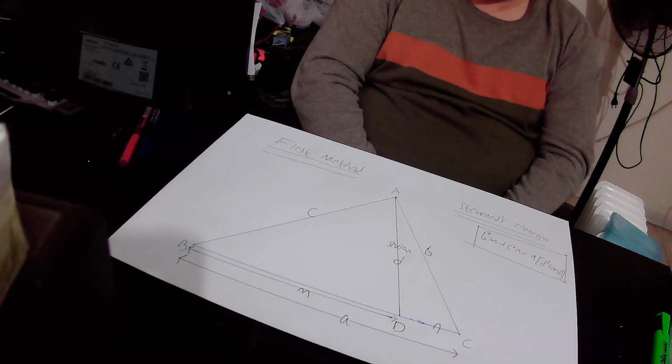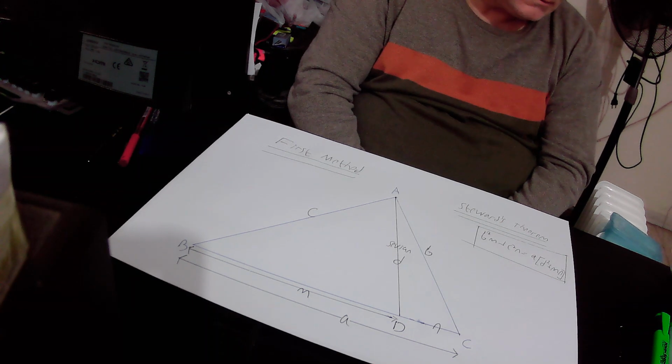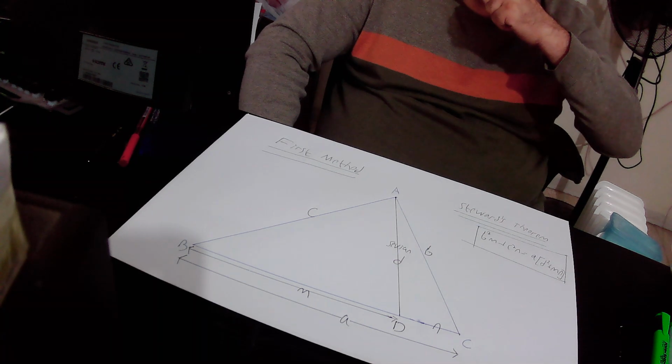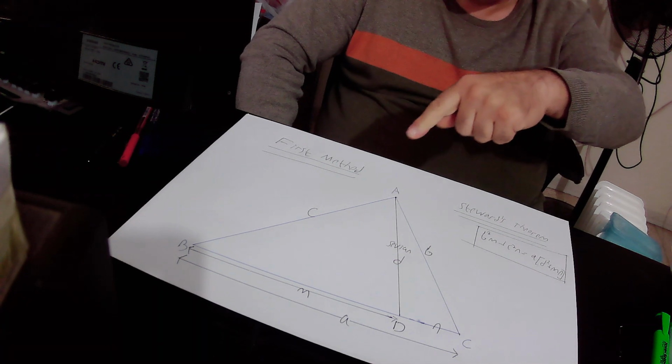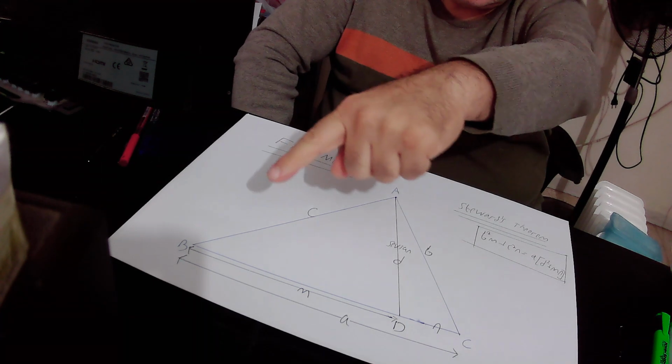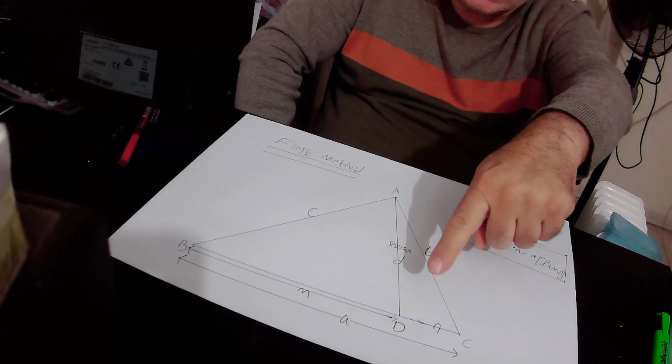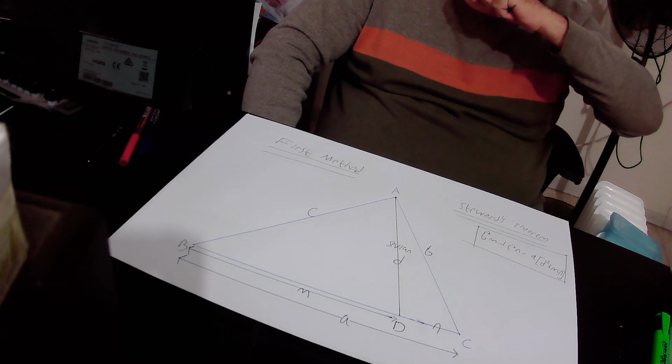And I repeat again that Stewart's theorem yields a relation between the lengths of the sides in the triangle to the length of its cevian.